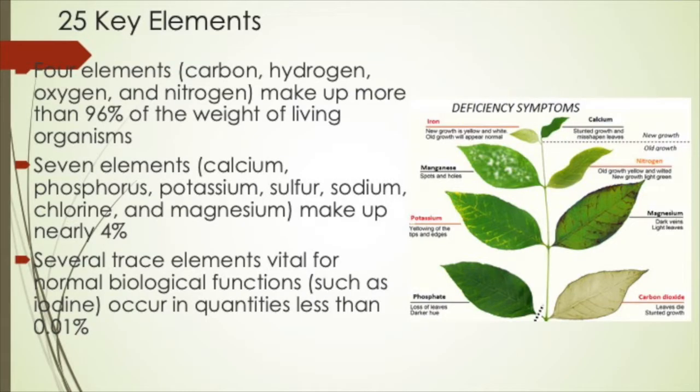So we have 25 key elements in living systems, right? Four elements that make up more than 96% of the weight of living organisms, right? These are carbon, hydrogen, oxygen, and nitrogen, right?